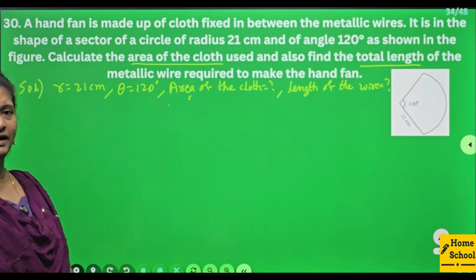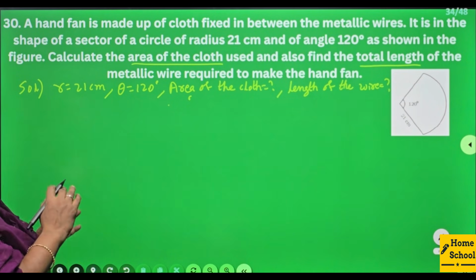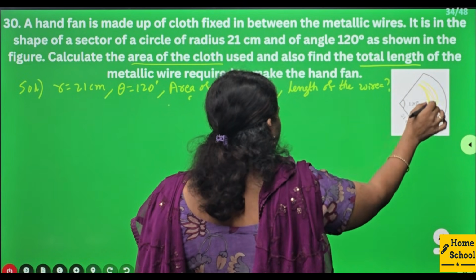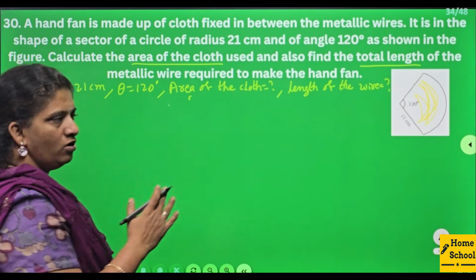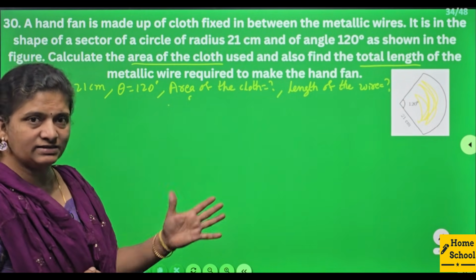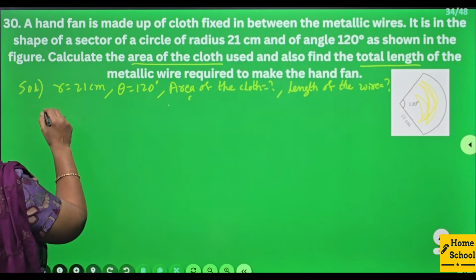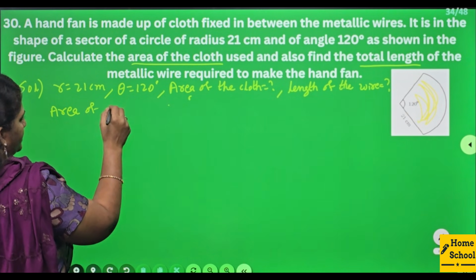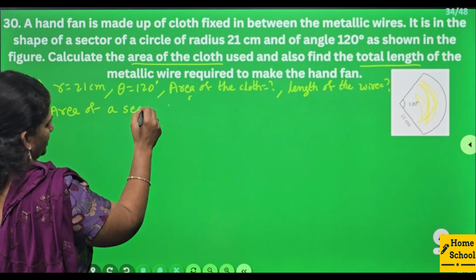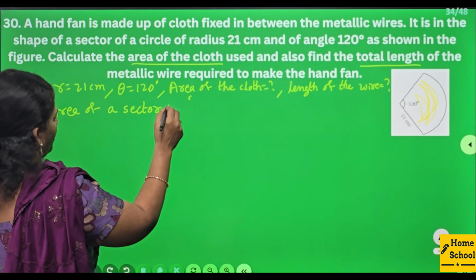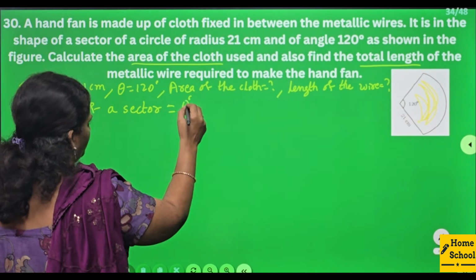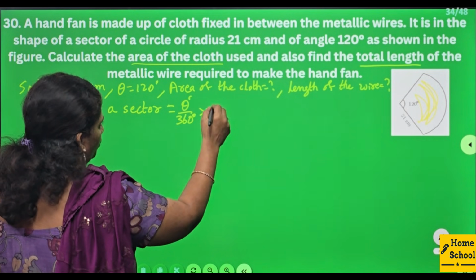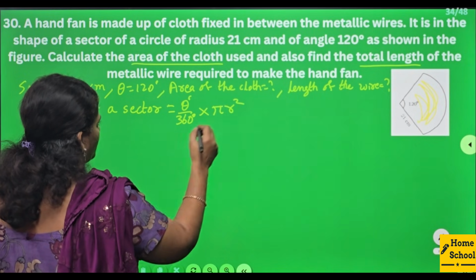Given radius and angle given. So in order to find the area of the cloth, see this is all completely with the cloth, right? So which figure you can see? A sector. That means we need to find area of a sector. Area of a sector is equal to formula theta by 360 degree into pi r square.